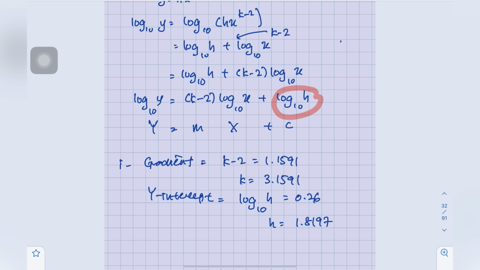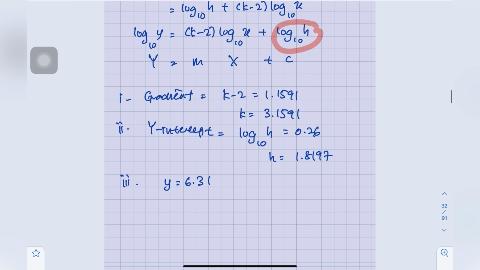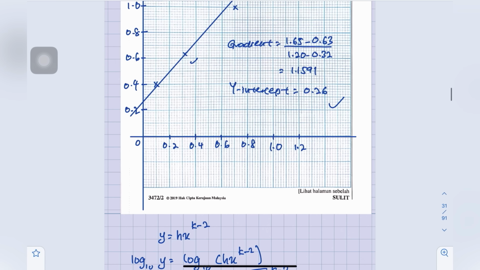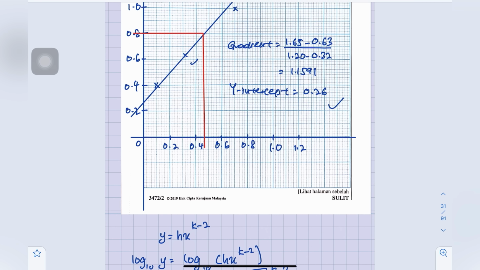Okay, this is B1, B2, now B3. So find the value of x when y equals to 6.31. So find log 6.31 base 10 is 0.8. So from the graph, find 0.8. Okay, so here, lepas tu cari kat bawah ni, which is 0.46.